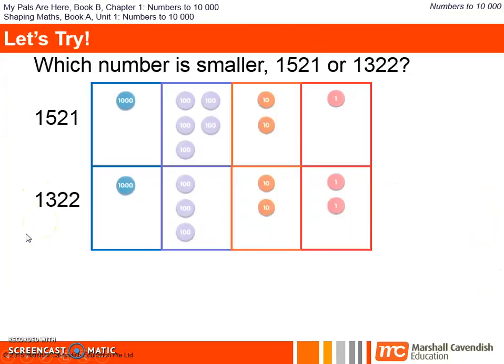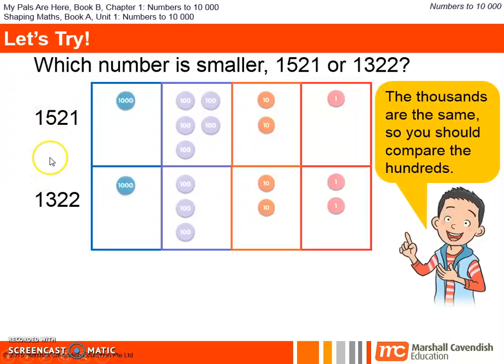Okay, let's try. Let's compare the following. Which number is smaller? This time around, we are looking at smaller. Okay, if you compare the thousands place, it's still the same. So therefore, now you compare the hundreds place. Here we have a digit 5, which is 500.